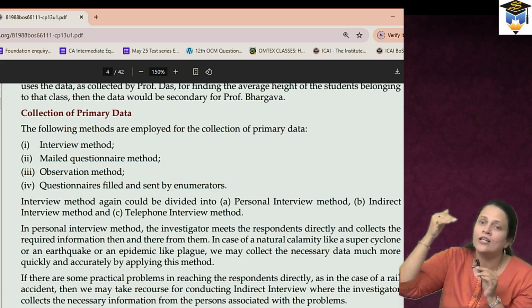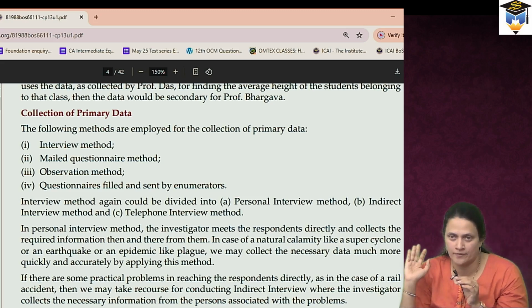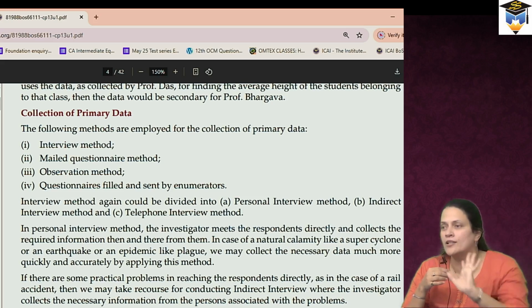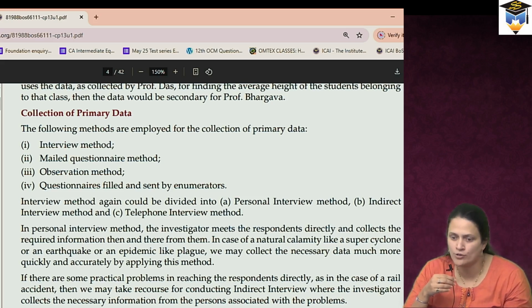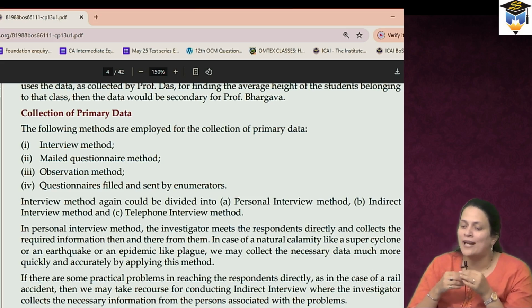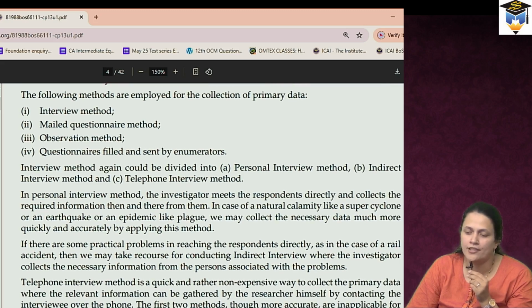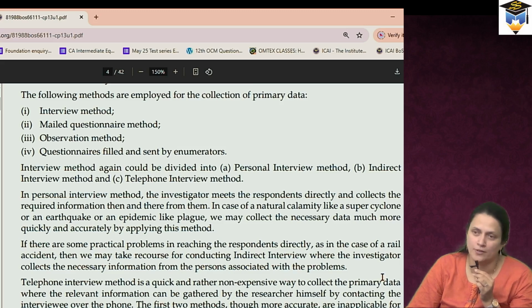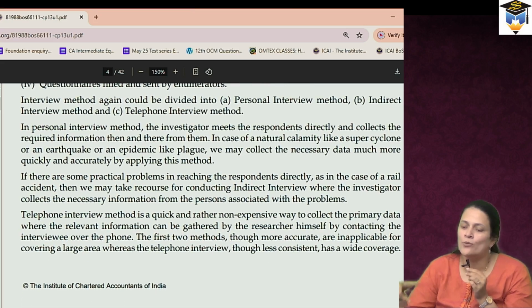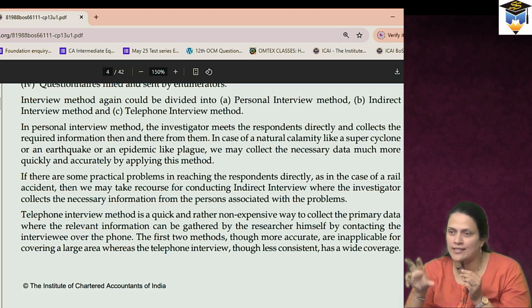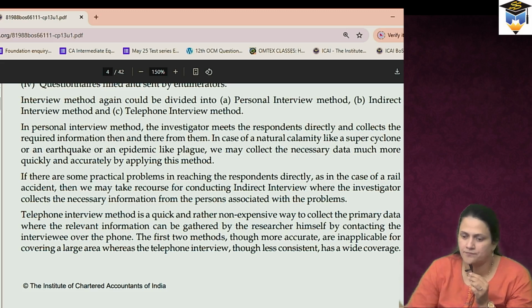Which method is to be applied is also decided, and that is also important. If there are practical problems in reaching the respondents directly, as in the case of a rail accident, then we use an indirect interview, where the investigator collects the necessary information from the persons associated with the problem. Third is the telephonic interview, a quick and inexpensive way, because the person can sit in one place and call all the respondents to find out the data.